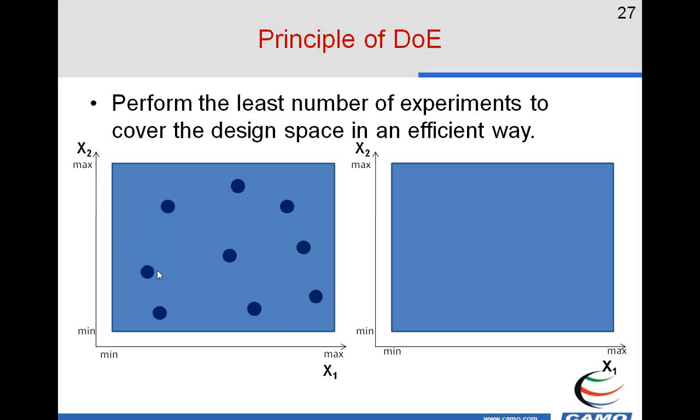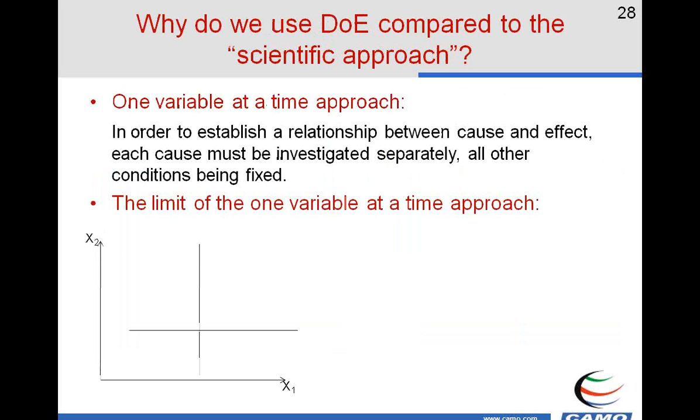And if we are supposed to do 9 experiments, we can place them randomly and have this kind of experiment pattern, or we can place them in a very structured way. And here we have a new pattern. So DOE is for the structured way.